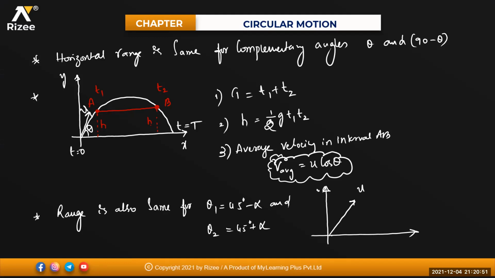The first angle is this one, 45 minus α. There is another velocity right now: this is your u at an angle of 45 plus α. 45 plus θ or α, anything. Clear?